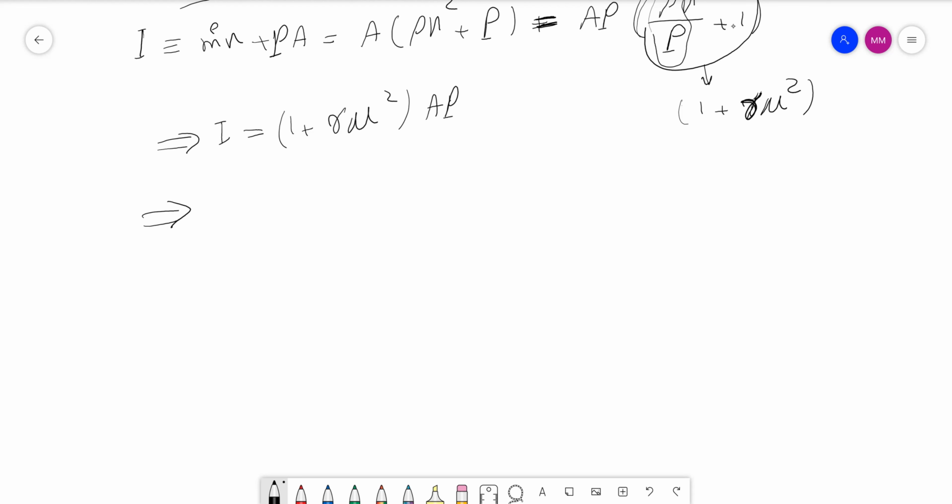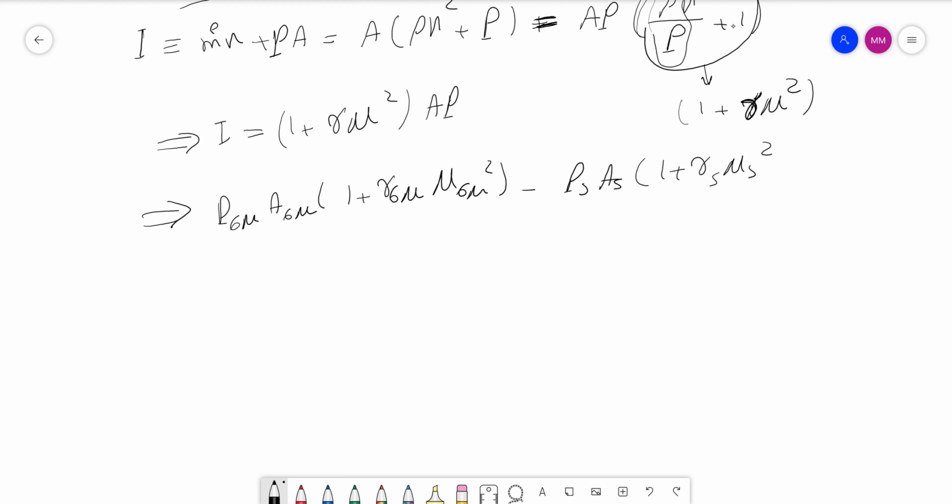So let's rewrite the equation again. You are going to get P6m A6m multiplied by (1 plus gamma 6m M6m squared) minus P5 A5 multiplied by (1 plus gamma 5 M5 squared) minus P15 A15 (1 plus gamma C M15 squared), right?